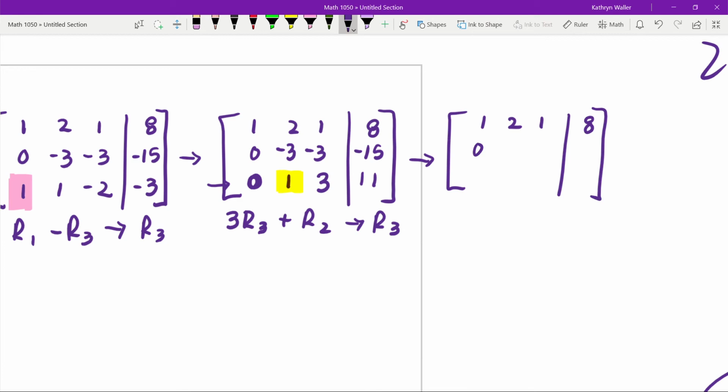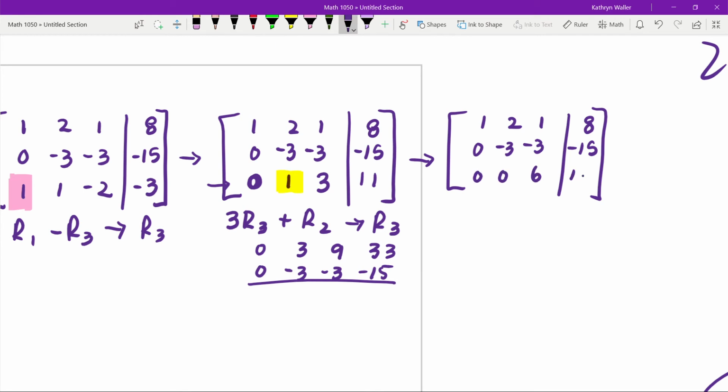Row 2 doesn't change. Multiply row 3 by 3, and I want you to write this down, please. 0, 3, 9, 33. Write down row 2: 0, negative 3, negative 3, negative 15. Add those together: 0, 0, 6, positive 18. I'm done with my matrix. I got my 3 zeros.